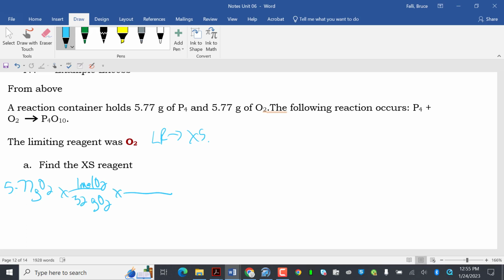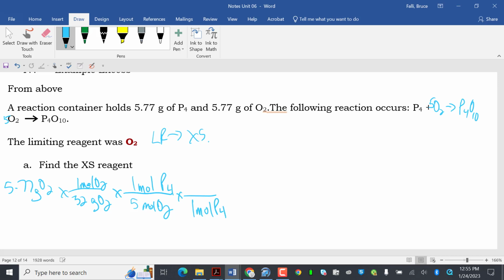My coefficient, don't lose my 5: 5 moles of O2. I'm actually going to do P4 plus 5 O2 yields P4O10. And then 1 mole of P4 times 1 mole P4.